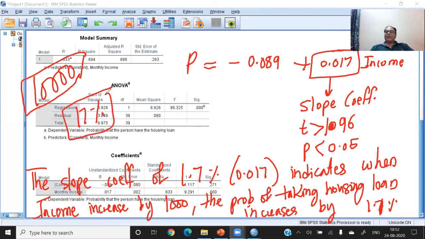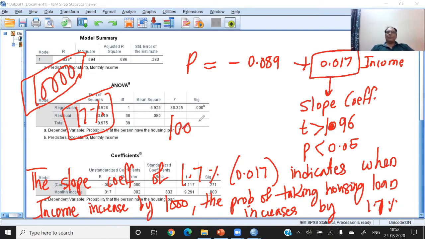So in this case, we can find out that if the income increases by this much, how much the probability of taking a housing loan increases. And at any point of time, if we are not talking about the increase but about the actual monthly income, suppose the monthly income of a person is 100, which simply means 1 lakh.